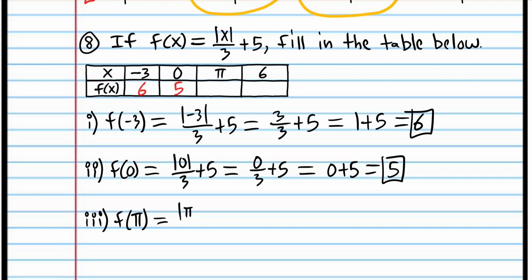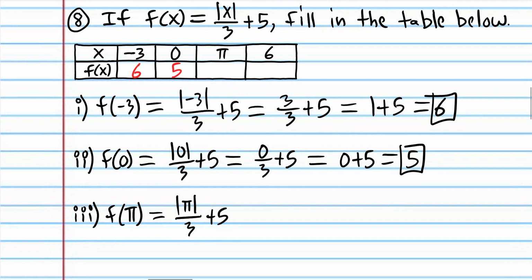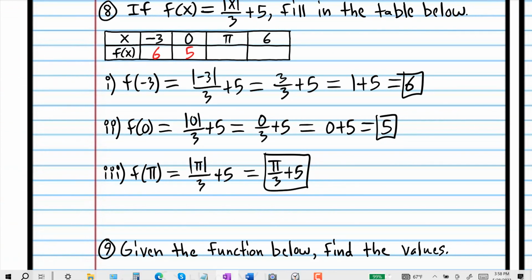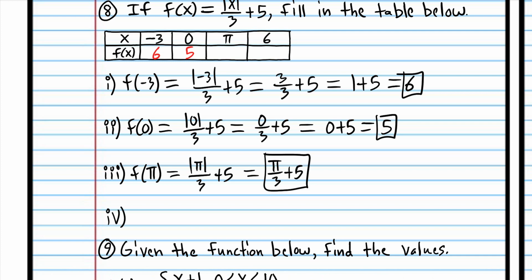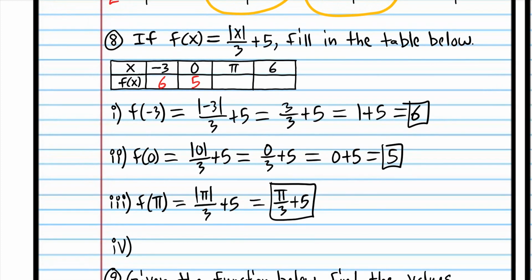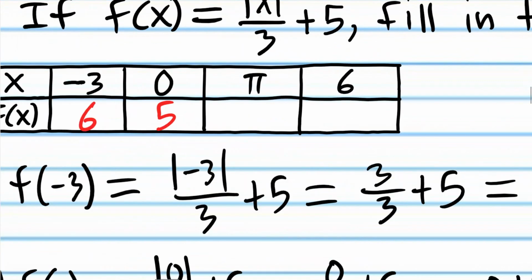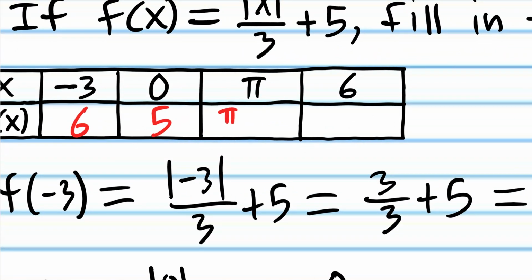We have the absolute value of pi divided by 3 plus 5. The absolute value of pi is just pi. And we can leave our answer like that. You could use a calculator if you wanted to, but I'm not going to make you do that. So we can enter pi over 3 plus 5 in our table if we have room.